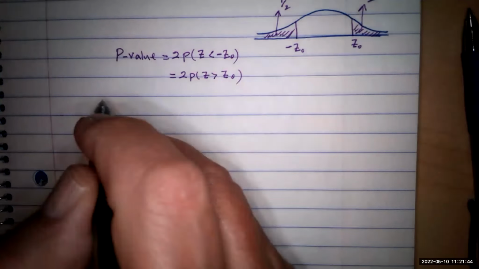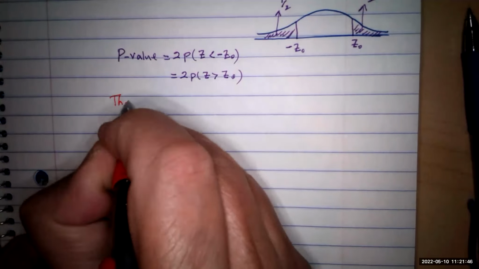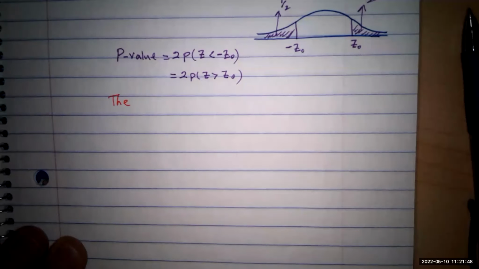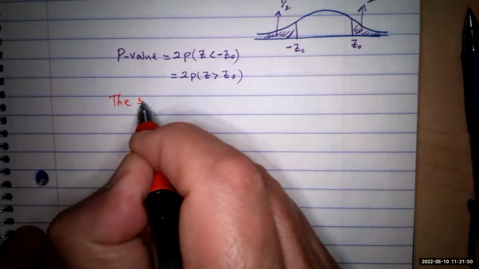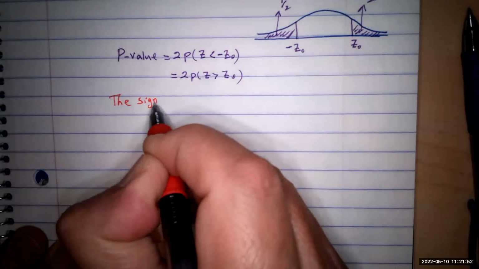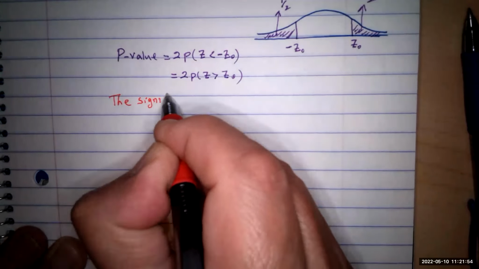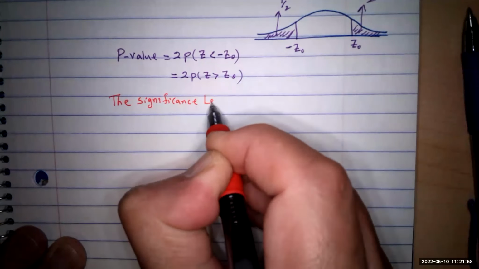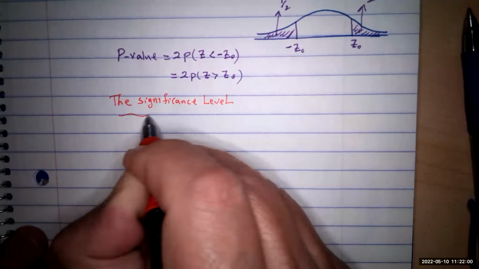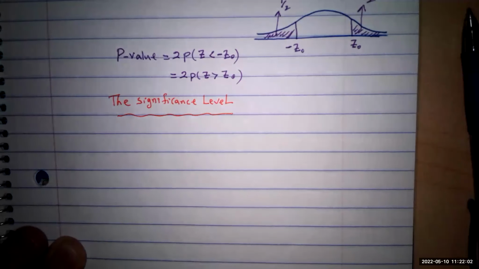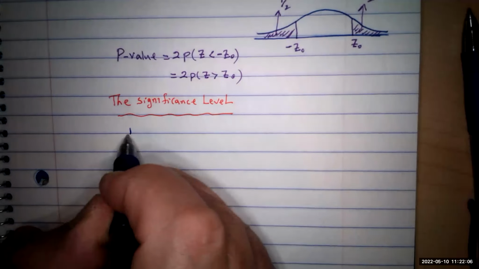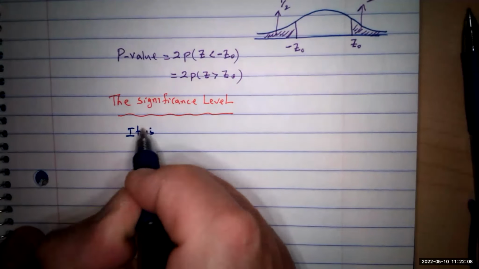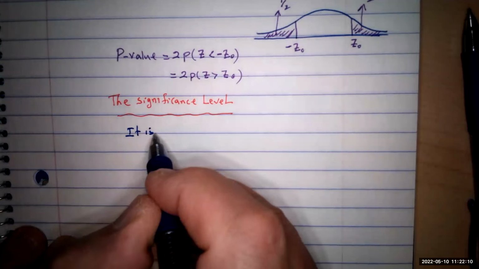This would help us get the concluded result. We call it the significance level. It's going to be used for making the decision. It's the case that we do with the p-value.